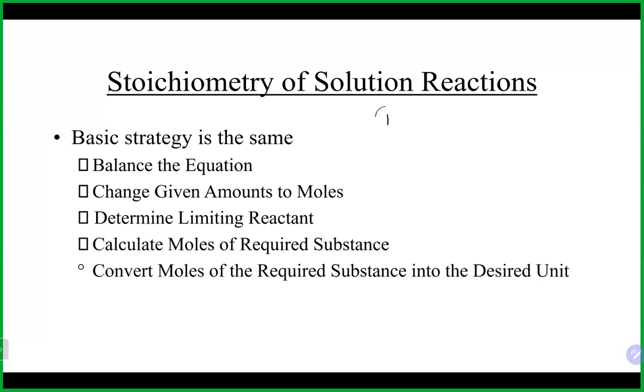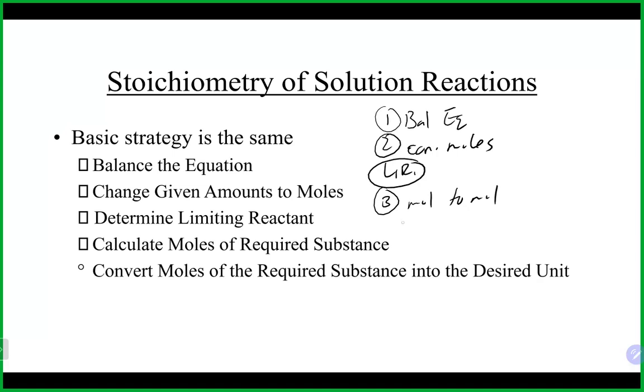So once again, we still want to balance the equations, we still want to convert to moles, and we still want to realize if it's a limiting reagent problem or not. We then want to do our mole to mole relationship, and we then want to take those moles to some other unit. So in solution stoichiometry, the difference is definitely in number 2, where you get your moles.